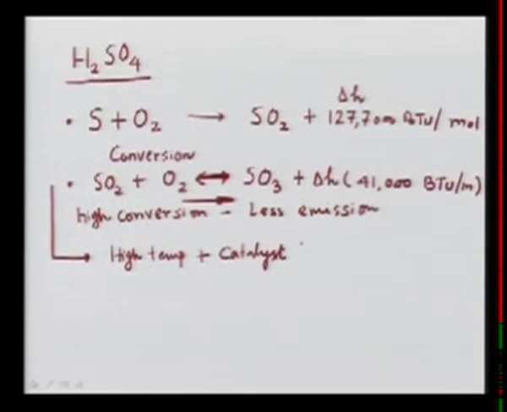Normally this catalyst is vanadium pentoxide. The problem is that we need the temperature on the left hand side, but then we are getting lots of heat here. So either we should consume the SO3 quickly, or if we have a very high amount of heat, the reaction tends to go backwards.